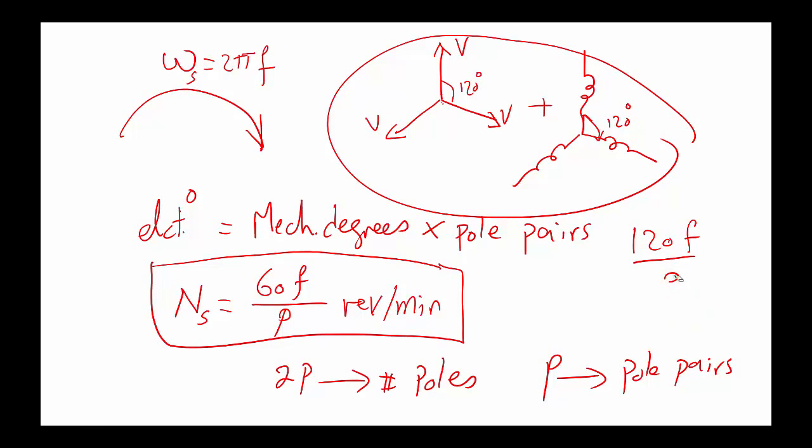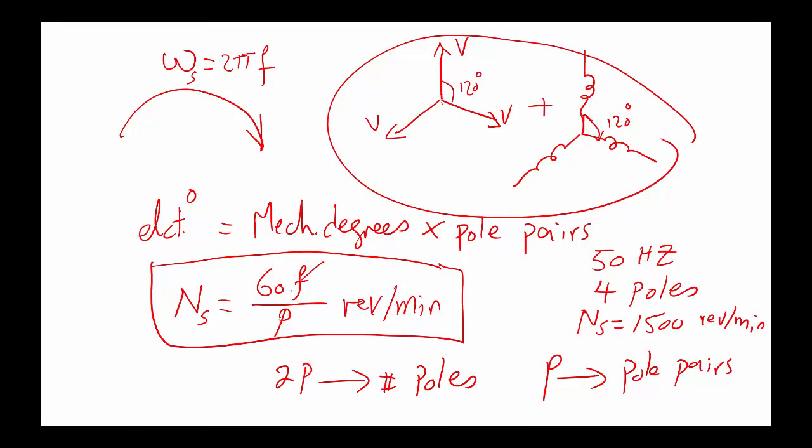So if you forget or get confused, remember something. 50 hertz, four poles gives a synchronous speed of 1500 revs per minute.